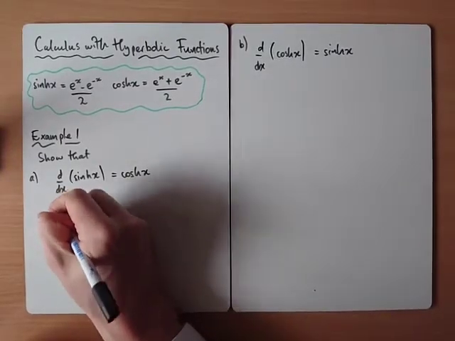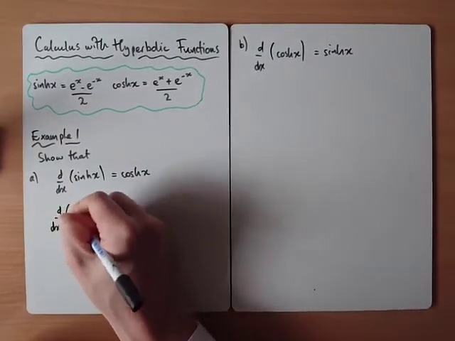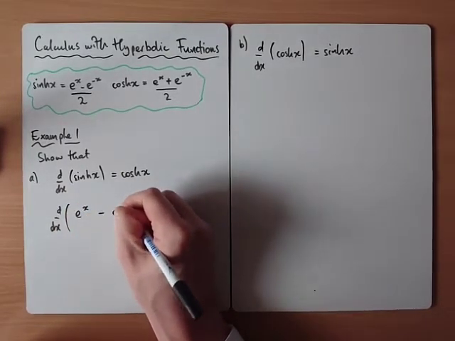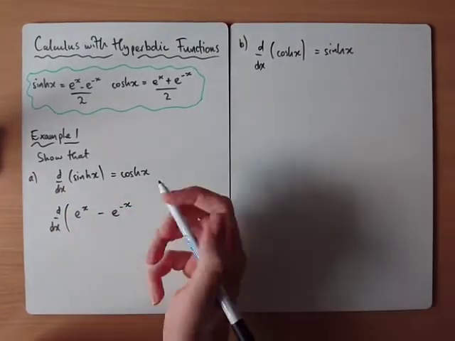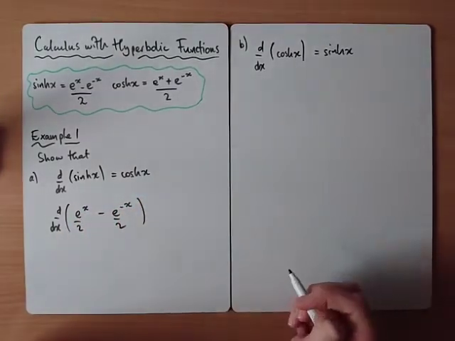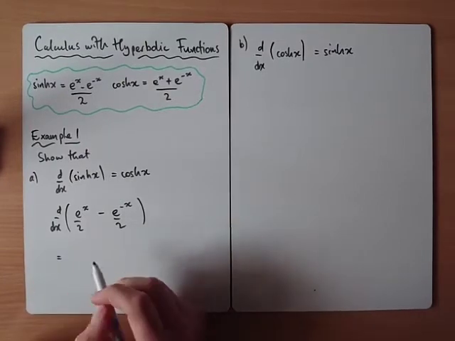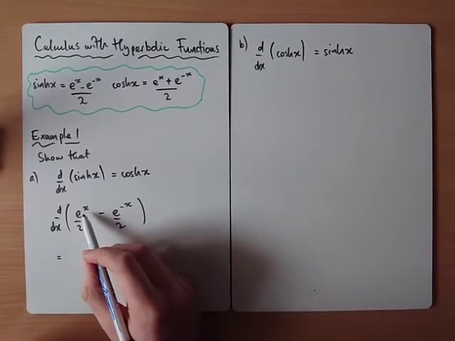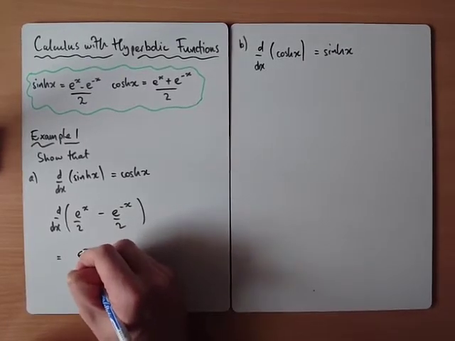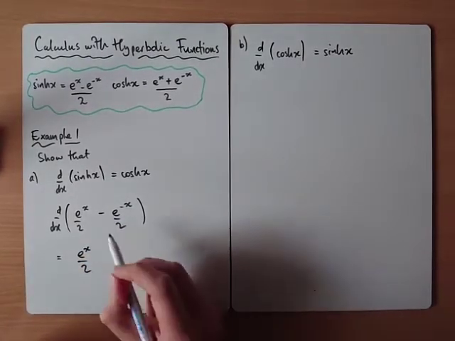So if I wanted to differentiate e to the x minus e to the minus x, all divided by 2, we can think about them both separately as being divided by 2. The derivative of e to the x is just e to the x, so that would become e to the x over 2.